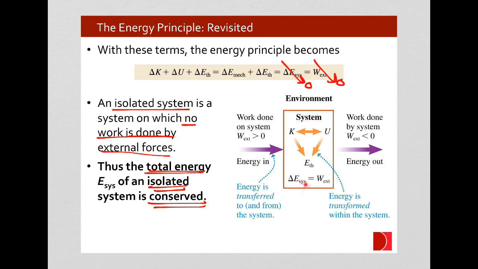All of these energies are the total energy of the system. That total energy of the system is conserved if the system is isolated. If there's nothing coming in or out, there's no change in internal energy, and all of the energy is conserved. If there are external forces, the change of energy in the system is the work done by those external forces. We can look at the forces we have bringing energy in, transferring energy into the system, or external forces that transfer energy out of the system.